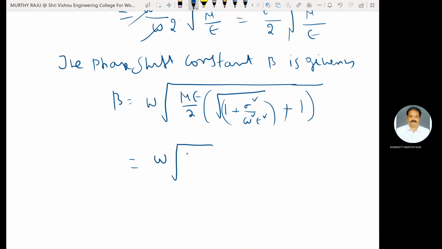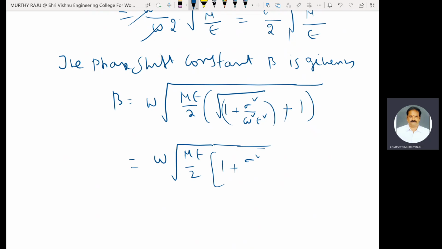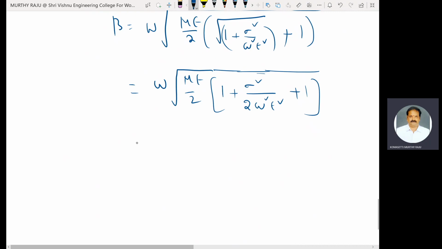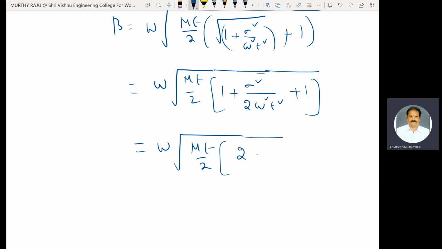Omega square root of mu epsilon by 2, times the square root of 1 plus sigma square by omega square epsilon square, is written as 1 plus sigma square by 2 omega square epsilon square, plus 1. That is equal to omega square root of mu epsilon by 2, times 2 plus sigma square by 2 omega square epsilon square.